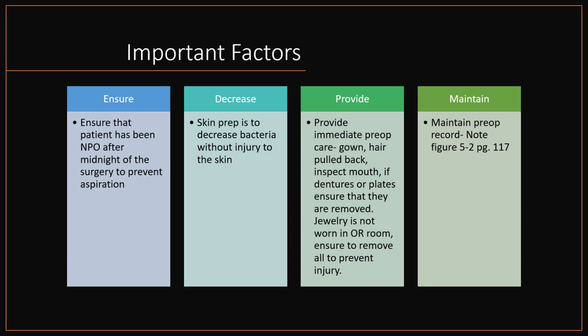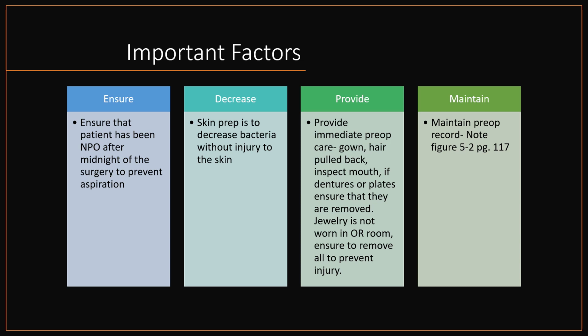Let's decrease the bacteria without injury to our skin by skin prepping. We want to provide immediate pre-op care: gown, hair pulled back, inspect the mouth, take out dentures, remove jewelry. No jewelry in the OR, and that's to prevent an injury.